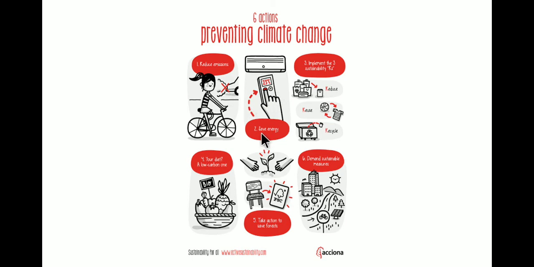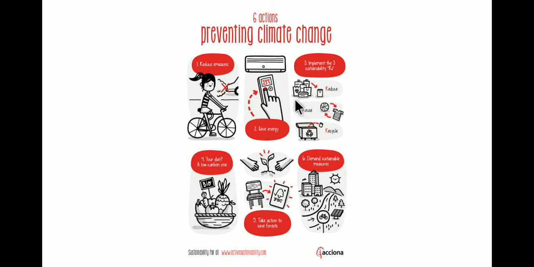We can save energy, because when we consume more energy, more electricity needs to be produced, and that means more fossil fuels will be burnt. So we'll try to reduce the consumption of energy.